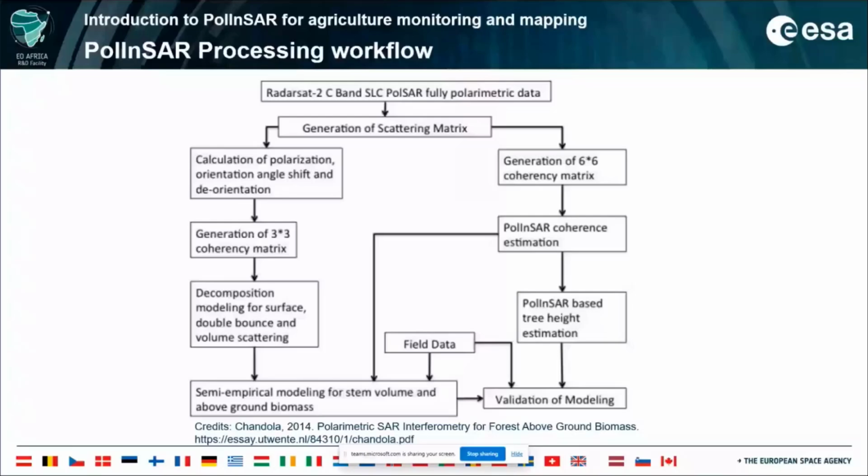You always work with multiple images, and in the case of PolInSAR, you have interferometric and polarimetric information that you can use, for example, for tree height estimation or crop height. The second one has not been that much investigated in the literature, but of course you can find some studies on that.